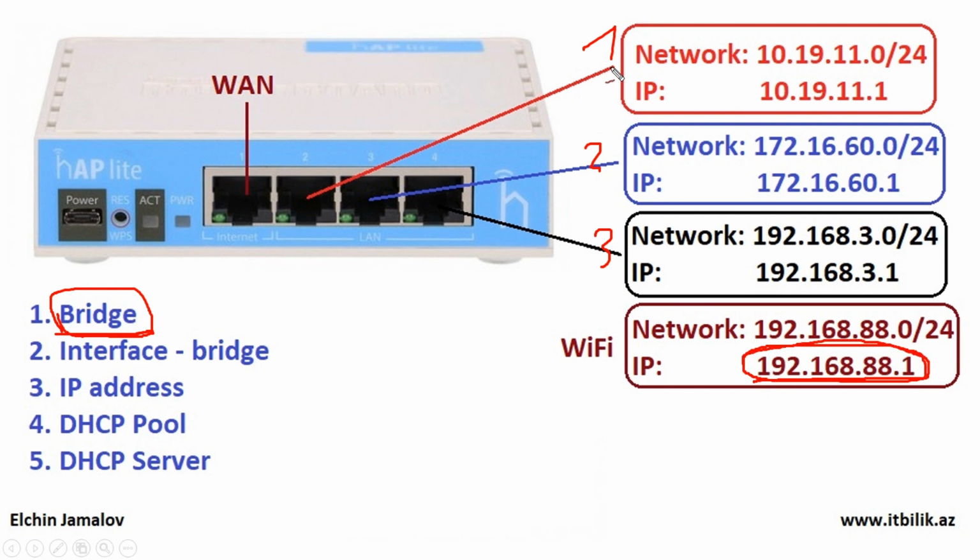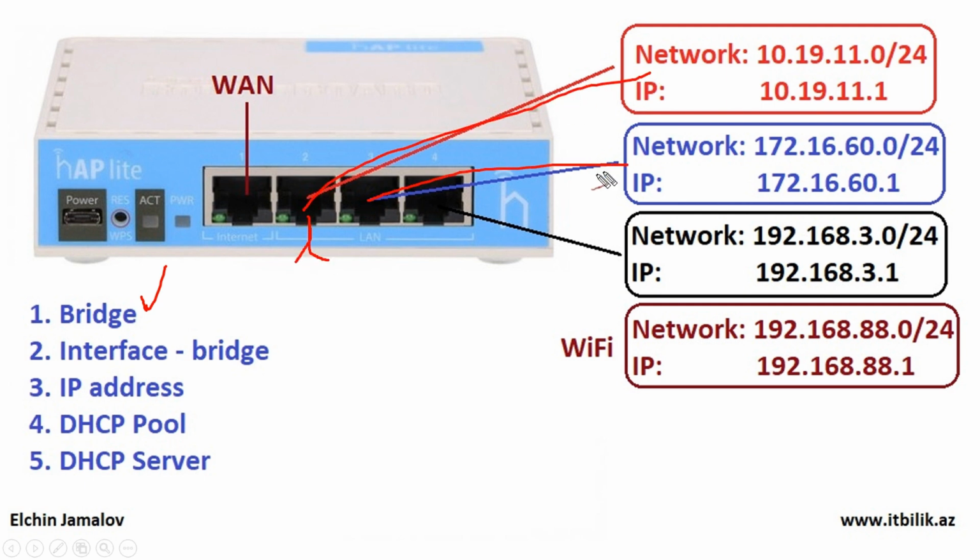So we should create the networks 10.19, 172.16, 192.168.3.0 for three bridges. First of all, we should create several bridges. Then we should assign interfaces to the bridges: assign this interface to this bridge, this interface to this, and this interface to this bridge. Then we should assign IP addresses to each bridge.